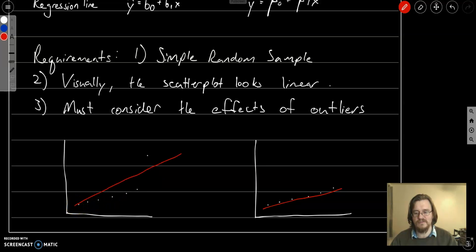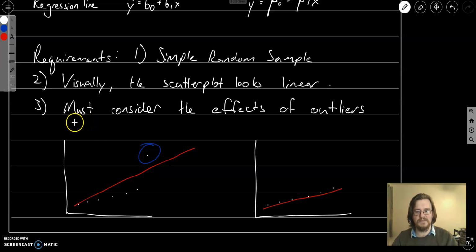It'll have to go up to get close to all of the points, and it's now not really close to any of them. It's pretty far away from all of them, whereas over here, it was really close to every single one. So the fact that we have this outlier up here really threw off this line.